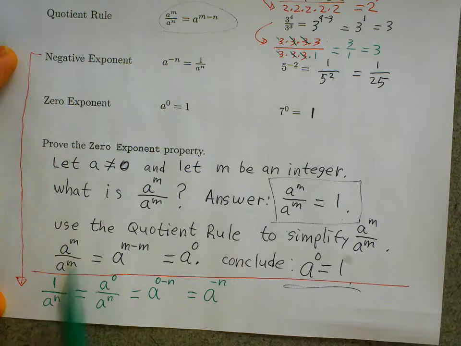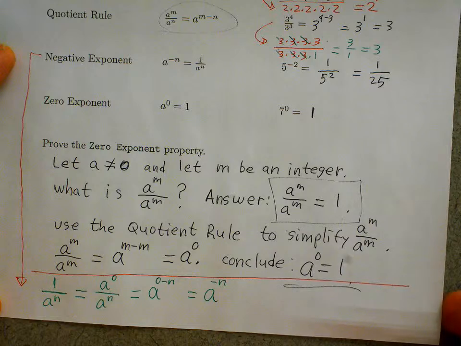You can write 1 over a to the n as a to the negative n, or vice versa, which is normally what we do. A to the negative n is equal to 1 over a to the positive n. Okay, so all of these properties are consistent, and you can use some of the properties to explain other properties.